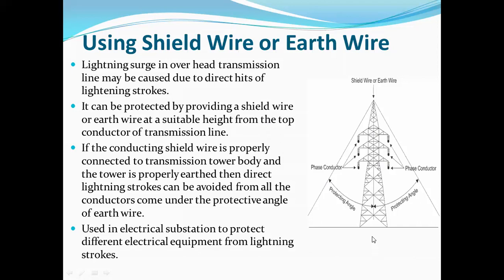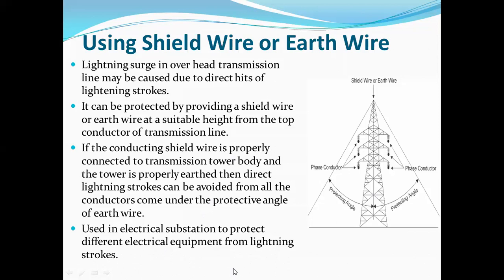Okay, so there is this one central line, and from that line it is making the angle, and in between that angle, whatever is coming, everything is protected from the lightning strokes or from the over voltages. Okay, so it is used in electrical substations to protect different electrical equipment from lightning strokes.